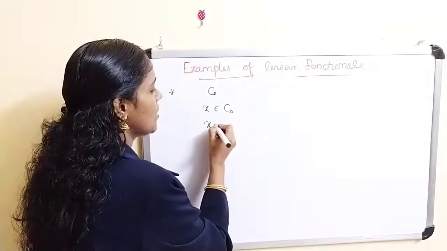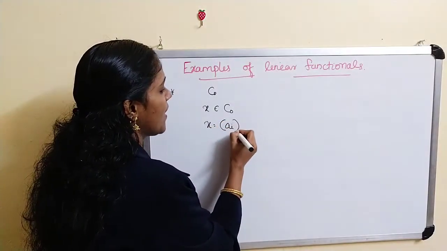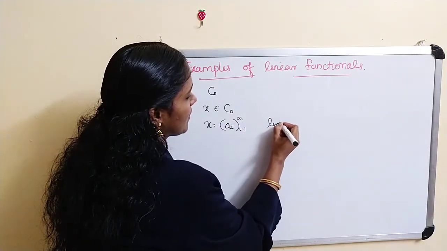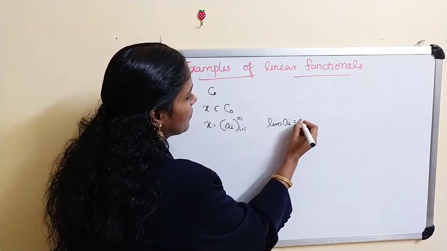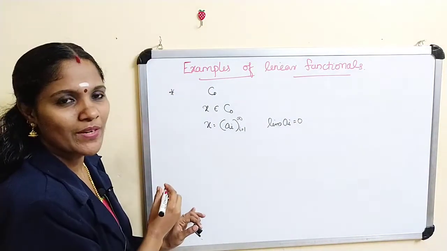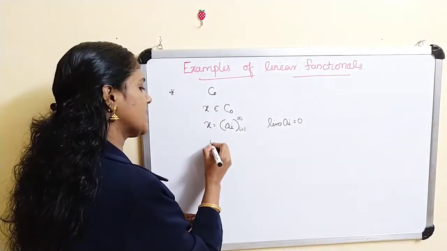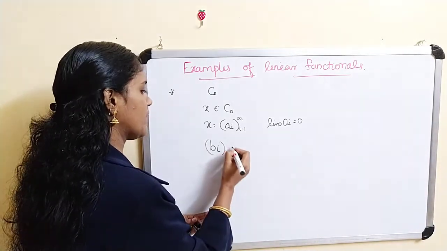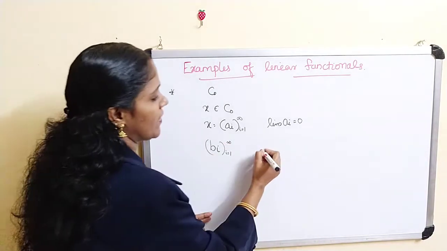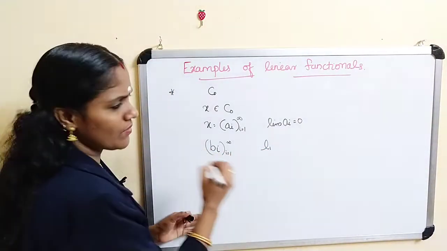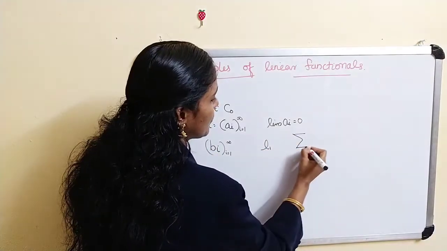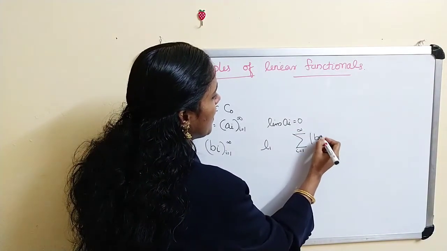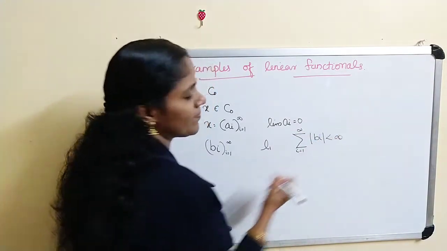Let x equal to a_i, i varies from 1 to infinity, meaning limit a_i equal to 0. And let b_i, i varies from 1 to infinity, be any sequence in our L1 space. What is the meaning of that? This belongs to L1 means sigma i equal to 1 to infinity of mod b_i is less than infinity.